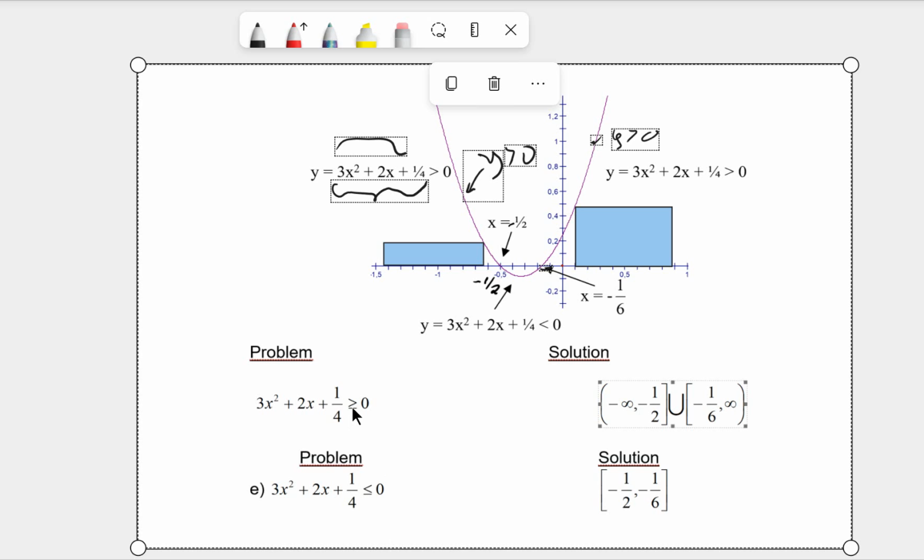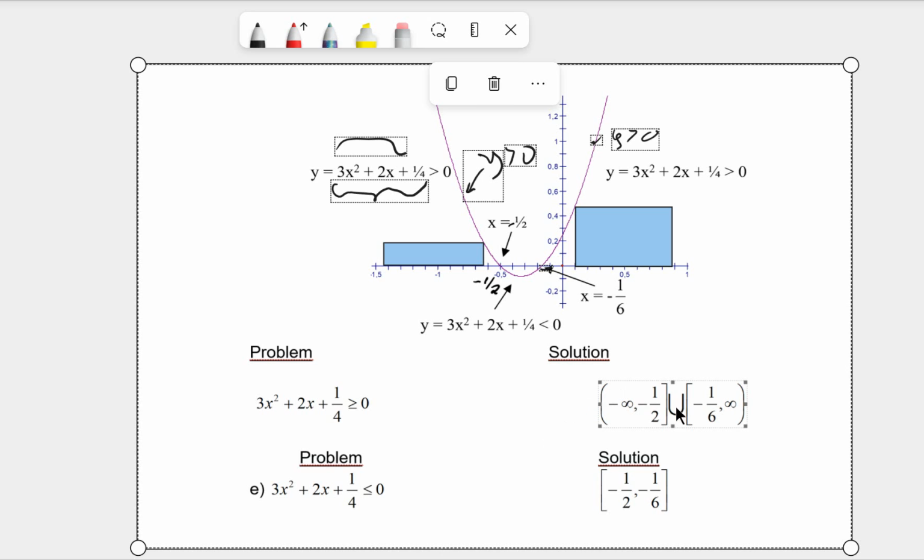If the inequality is non-strict, it allows the zeros, so you have to include the right end of this interval, which is minus 1/2. It's closed, which means you include this in the solution, because it is greater than or equal to.